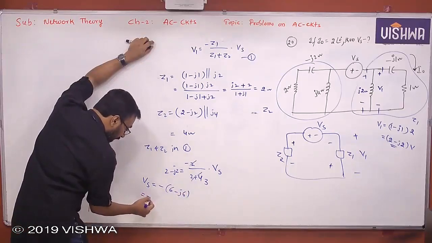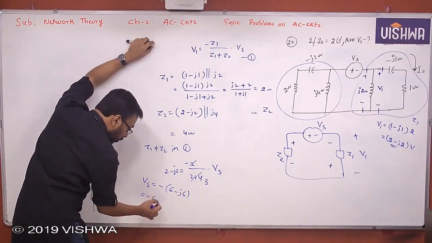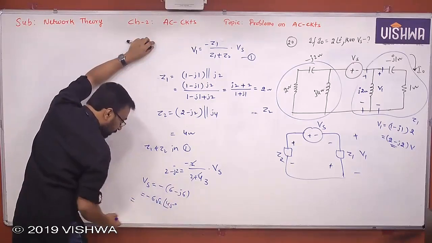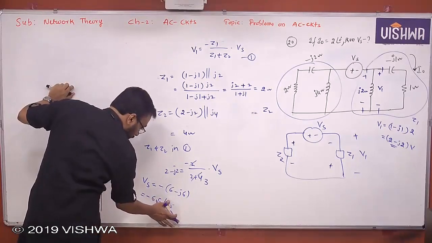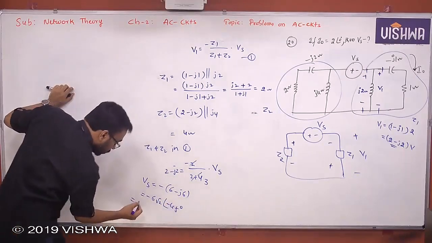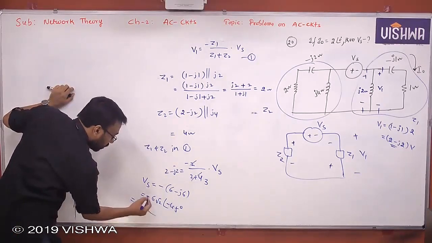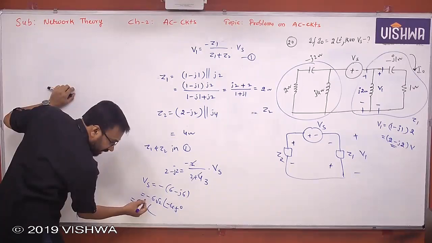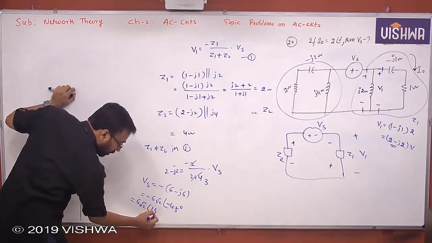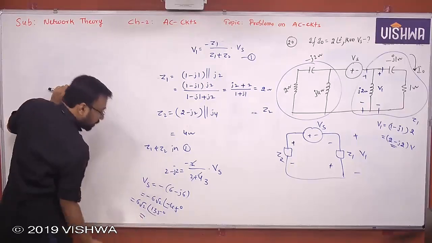You know that minus 6 root 2 at an angle of minus 45, because it is 6 minus j6. Minus 1 is nothing but 1 at an angle of 180 degrees. 180 minus 45 is 135 degrees.